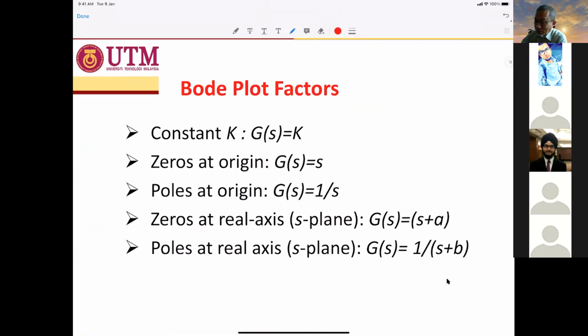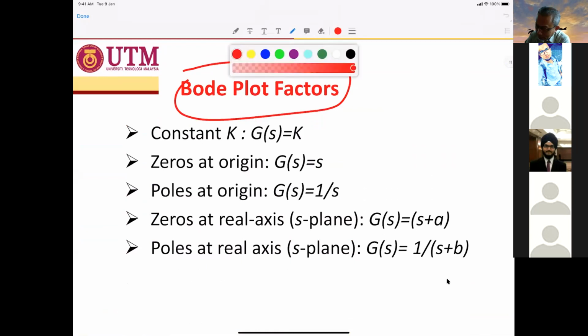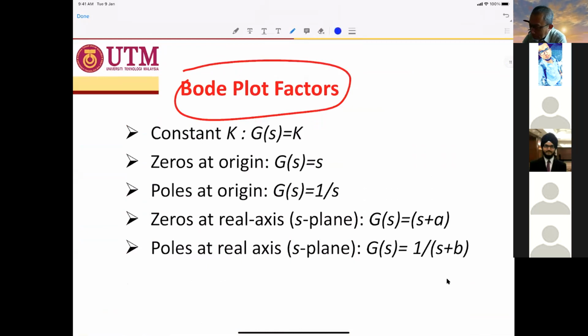So next we go to the Bode plot factors. Since our transfer functions have, for example, a transfer function like just now, 1 over s plus 2. Let's say we have a constant K, a gain.